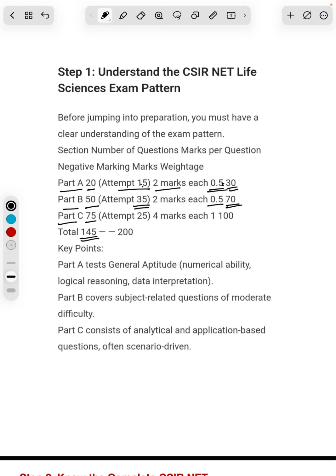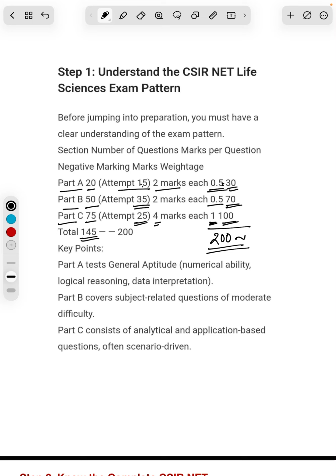In Part C, each question is of 4 marks, so attempting 25 will give you a total of 100. The subtotal gives 200. So our cutoff should be near 200 to get a score in this exam.